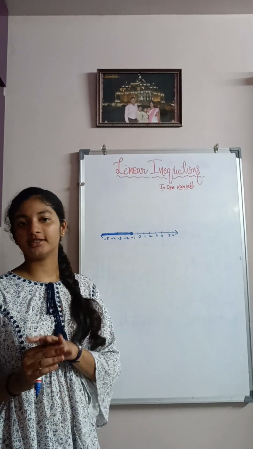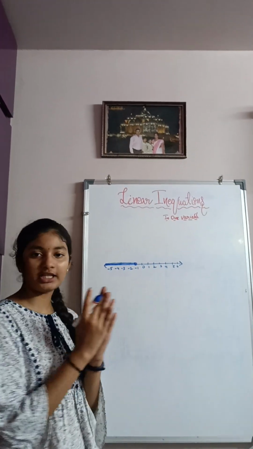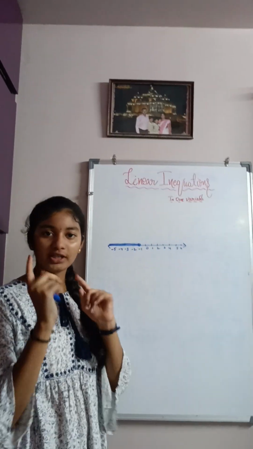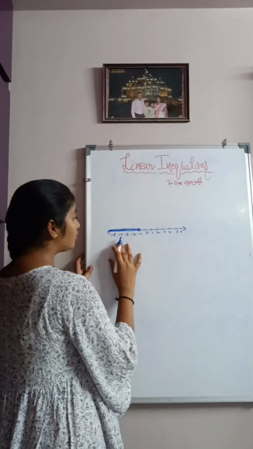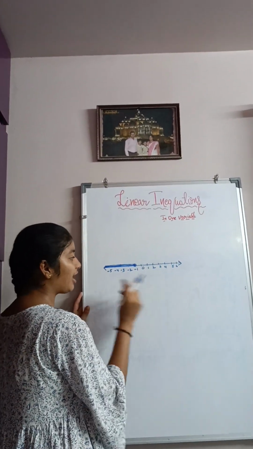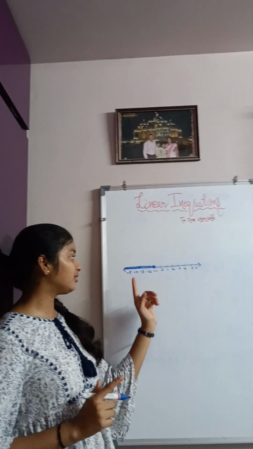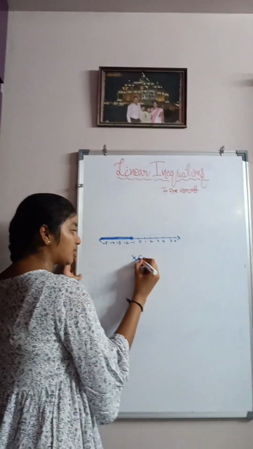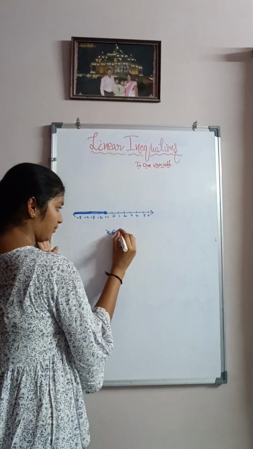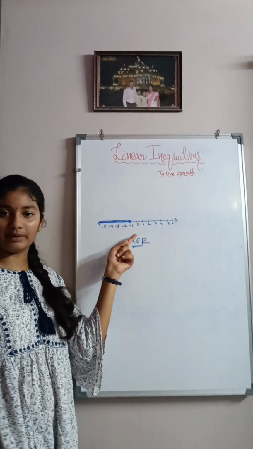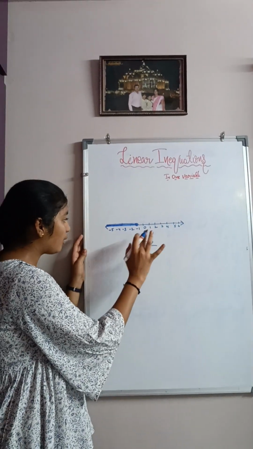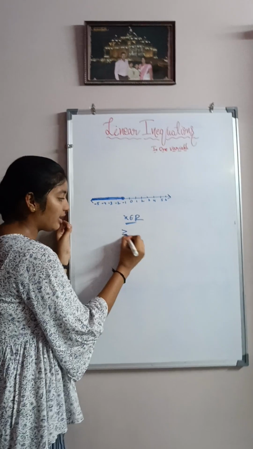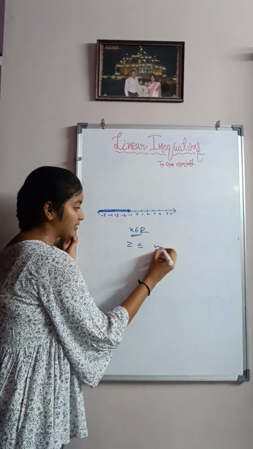So guys, this is another type of question that we will get. This is just to form the equation, linear inequation. So here, looking at this number line, what we will get in our mind is, as this is shaded darkly, the number line is x is equal to the real numbers. And next again what we will get in the mind, as this minus 1 is shaded, this will be less than or equal to, or greater than or equal to x.